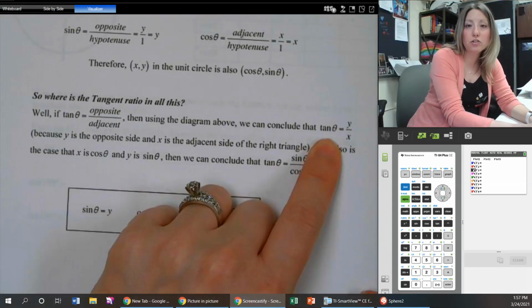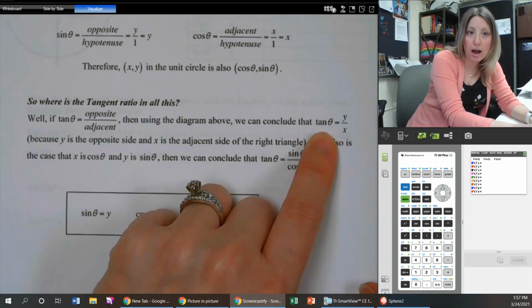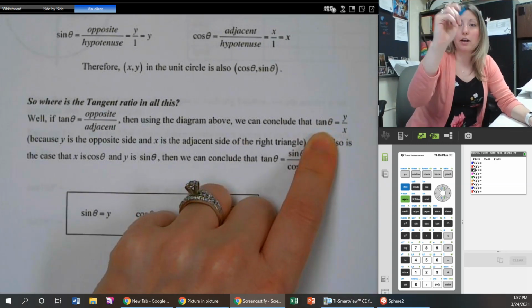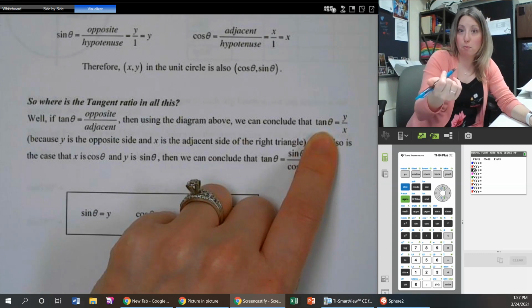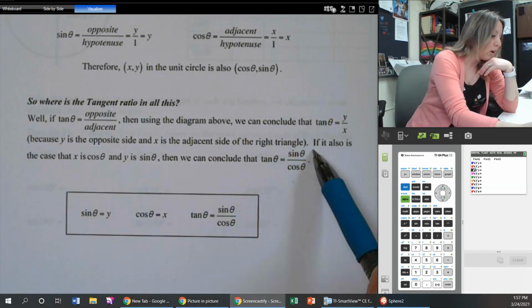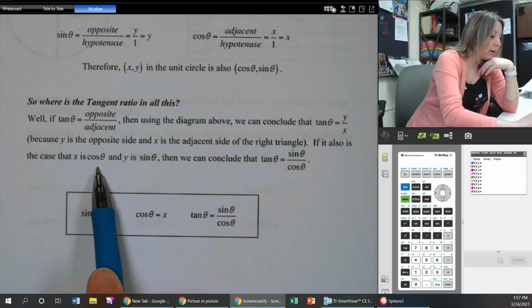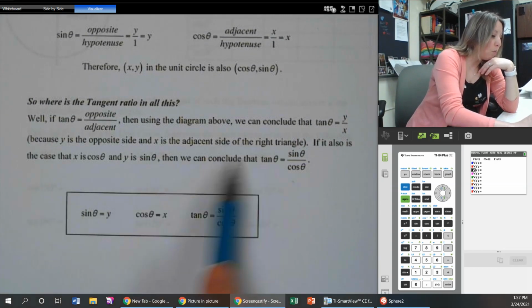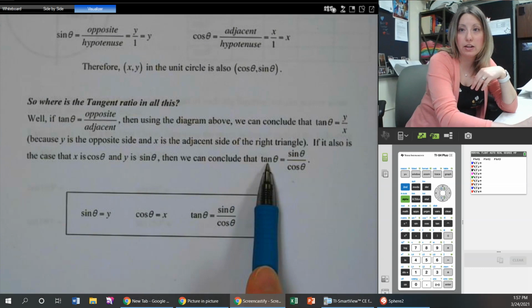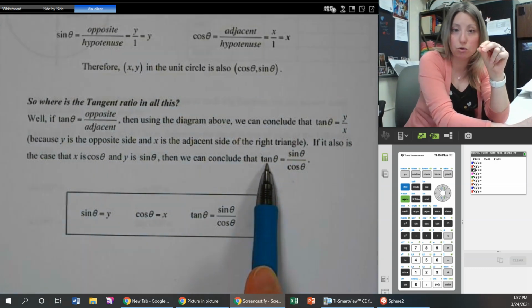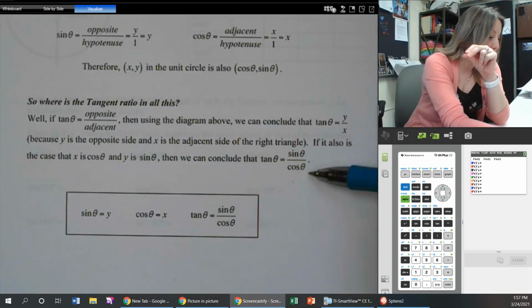So that means tangent of our angle is going to be y over x, because y is the opposite side, x is the adjacent side from that particular angle, right? So if it's also the case that x is cosine theta and y is sine theta, then what we can conclude about tangent theta is that it is equal to sine theta over cosine theta.